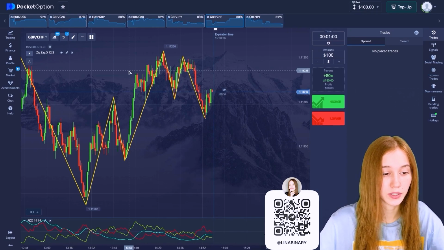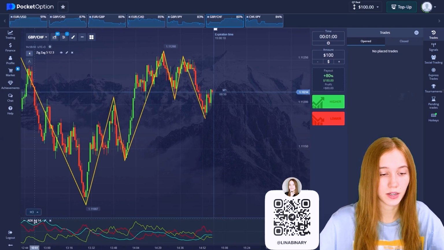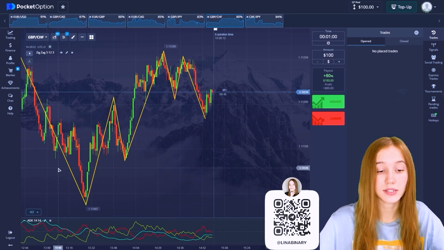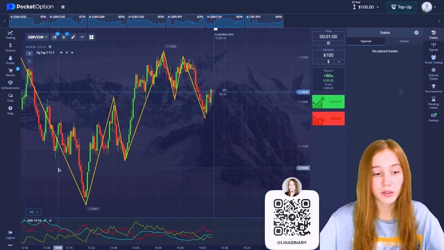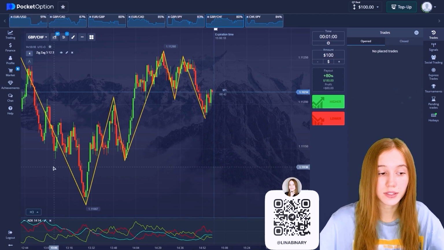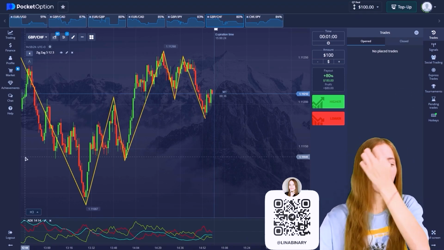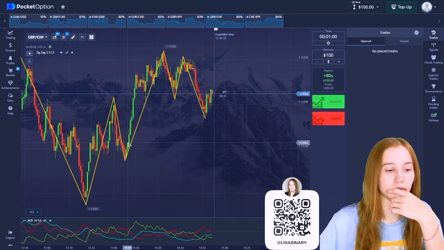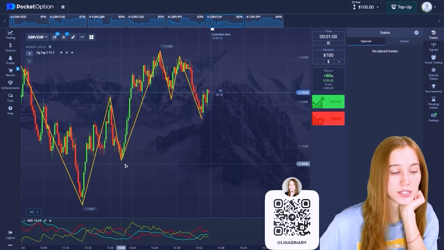Let's see, we will use our analysis and 2 indicators, the ZigZag and ADX. Let me tell you a little about these indicators. I'll tell you the theory and then I'll show it in practice. I'll start with the first indicator.